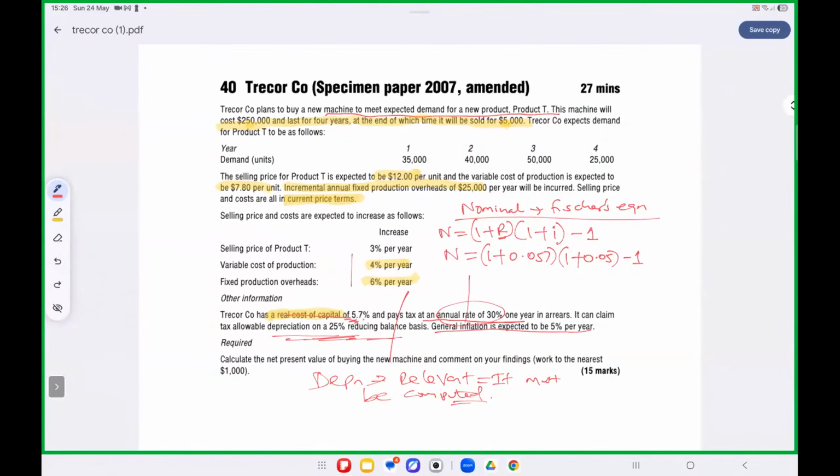They told us Tracker Company plans to buy a new machine to meet expected demand for a new product T. This machine will cost 250,000 and will last for 4 years, at the end of which it will have 5,000 scrap value. And they told us down here that depreciation is 25% per annum, reducing balance. Thank you very much, ladies and gentlemen.